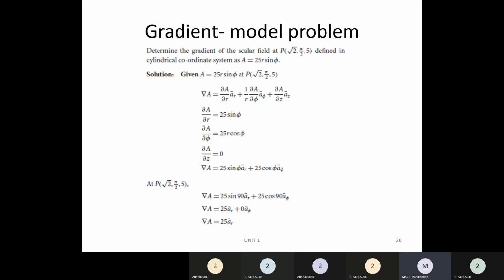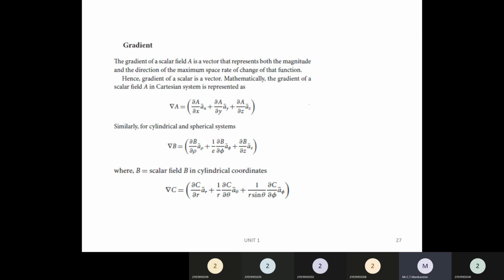So, as we have said already, the gradient of a scalar is a vector. The gradient of the scalar field is the vector which gives the magnitude and direction of the maximum rate of change of that function.